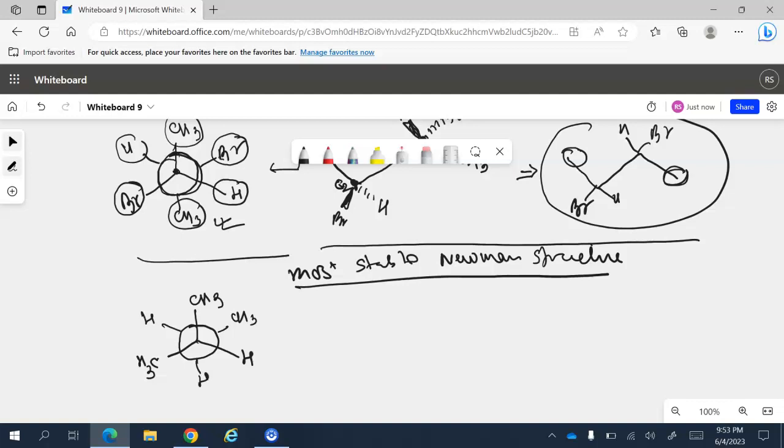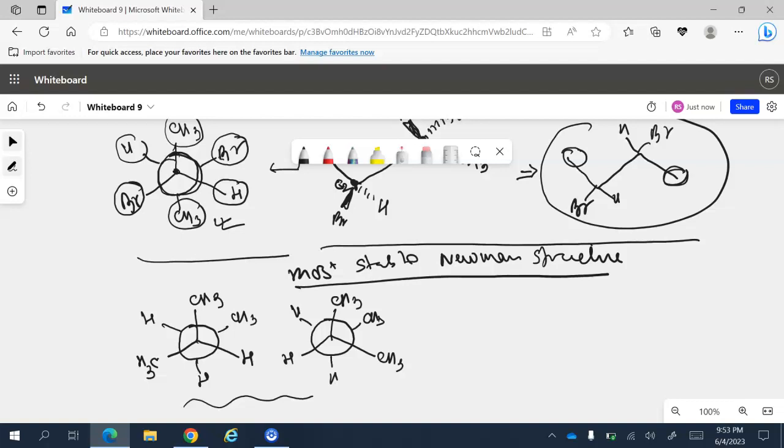The other structure that we would like to compare with has CH3, CH3 and hydrogen. Now the carbon behind has CH3, hydrogen and hydrogen. Now we would like to compare these two structures and decide which structure is more stable.